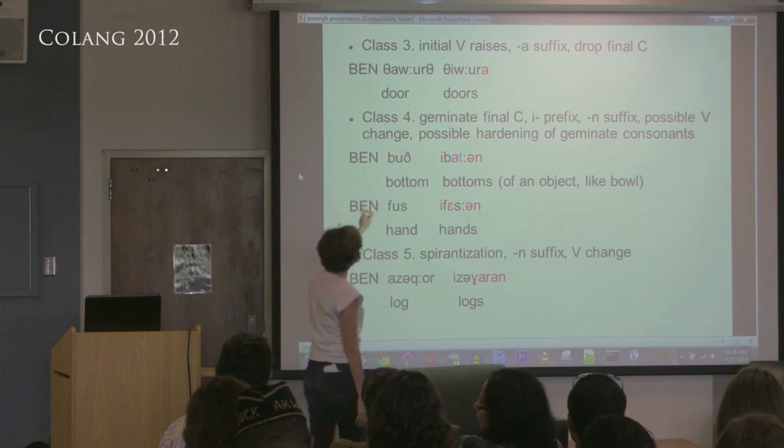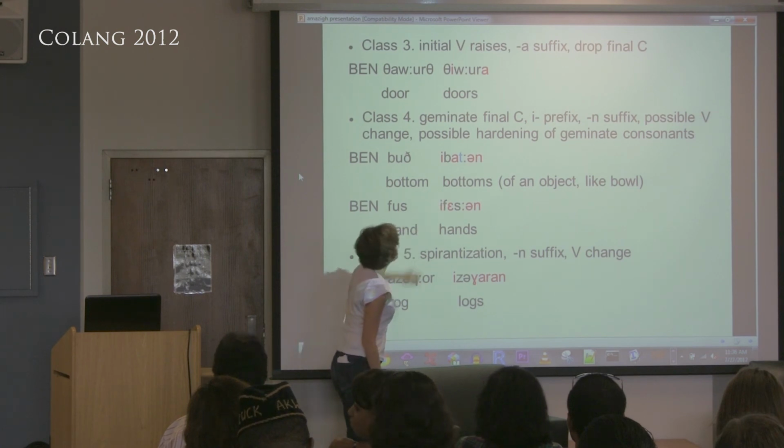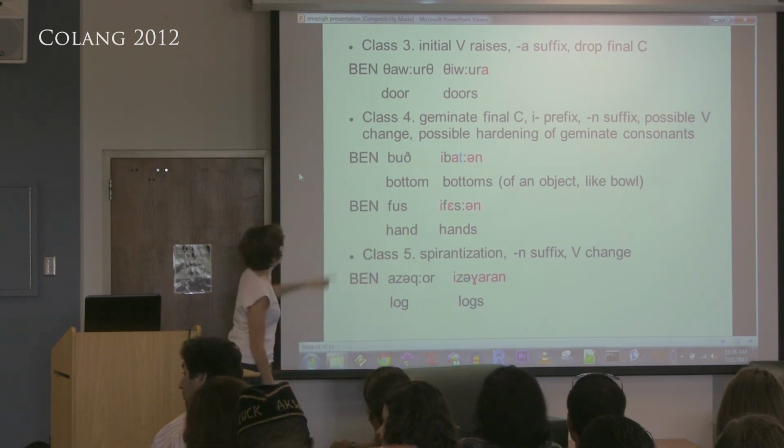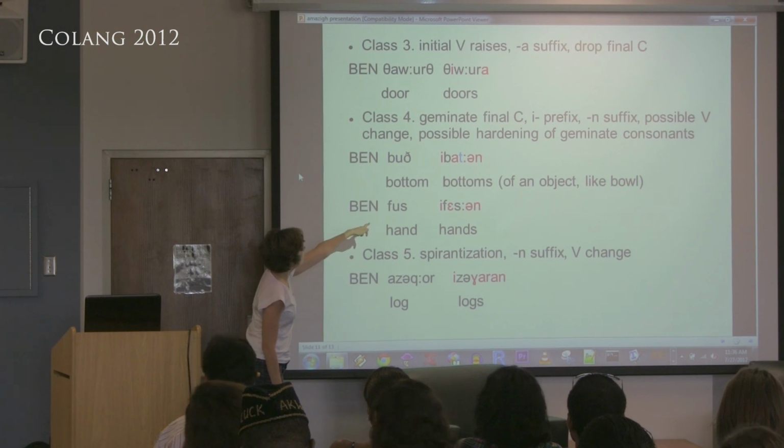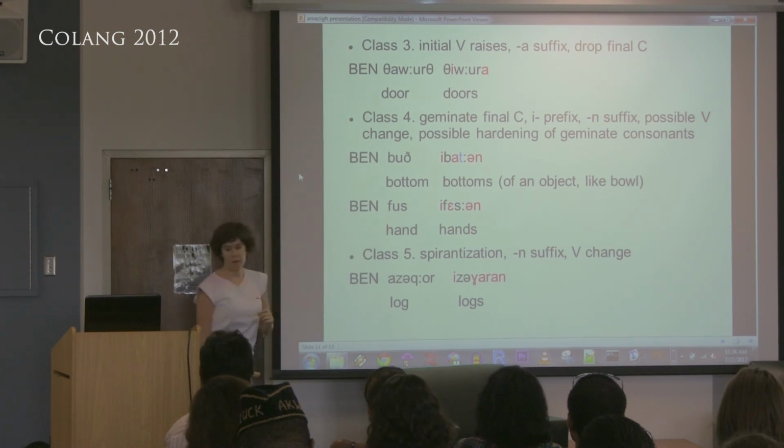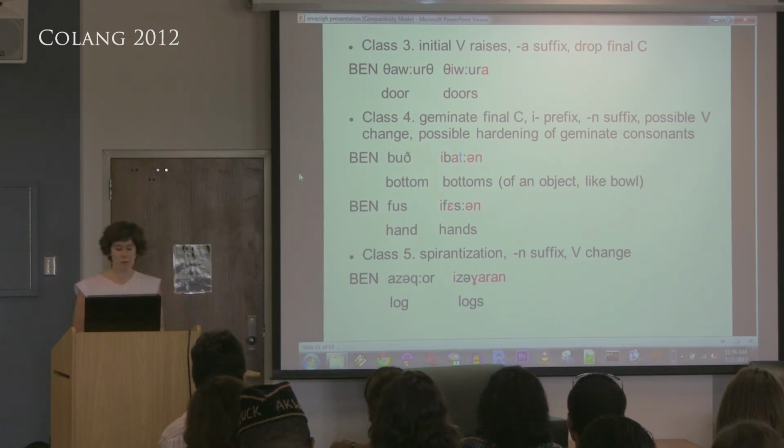So here we see this is hardening, which doesn't always happen. And then here's another example without that. And in the last one, it's emphaticization with the U suffix and vowel change. So Azekor becomes Izekhar.